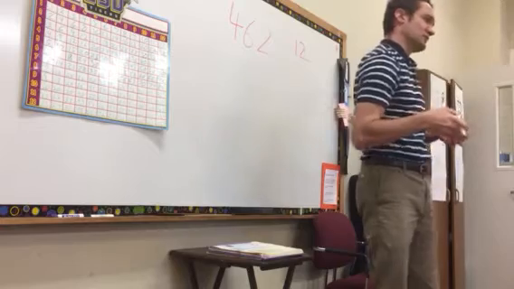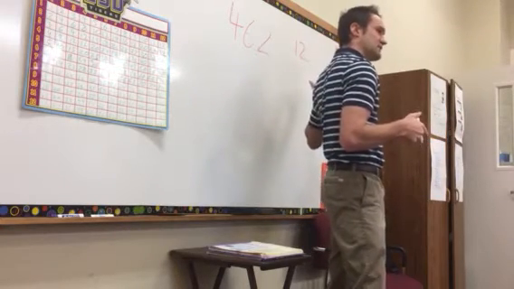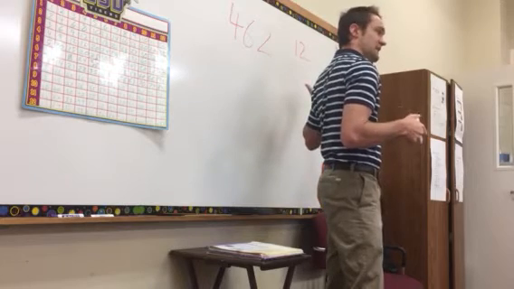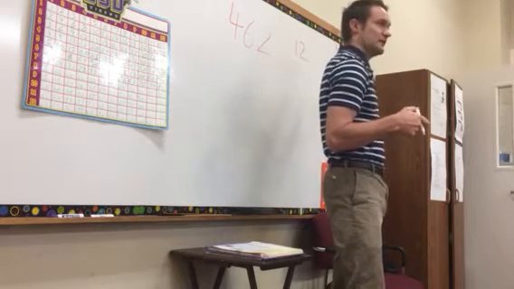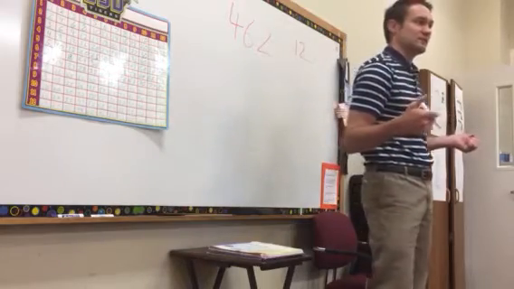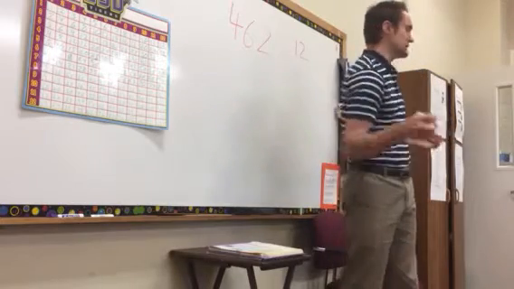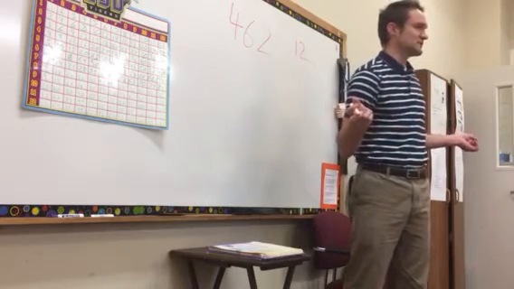Now we have a smaller number. Can that be divided by 3 and not have a remainder? Yes, we can get 4. We know that 12 could easily be divided by 3 and not have a remainder. So, that means that this number is also divisible by 3. See how that works?